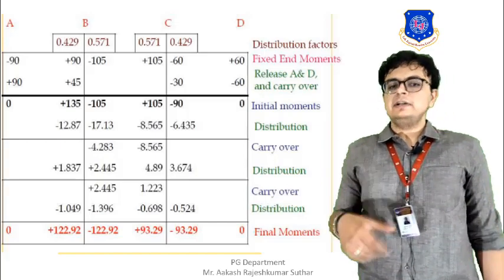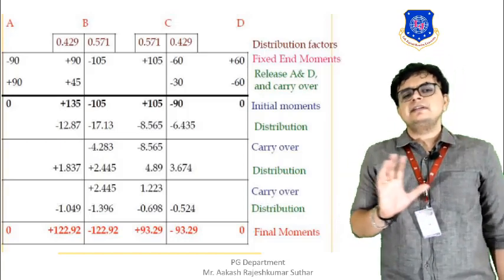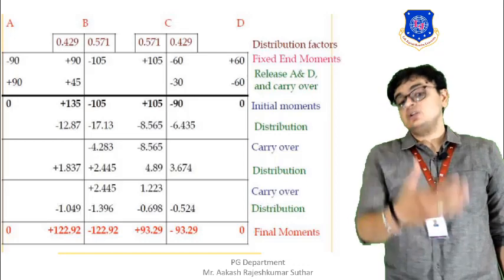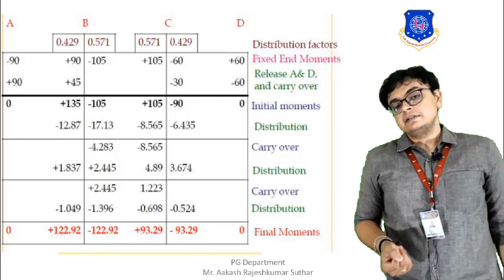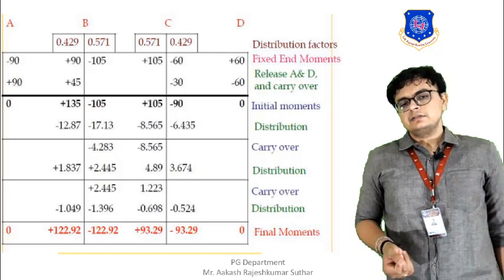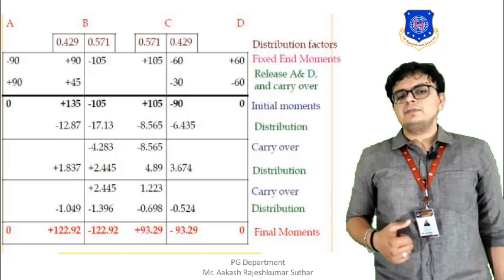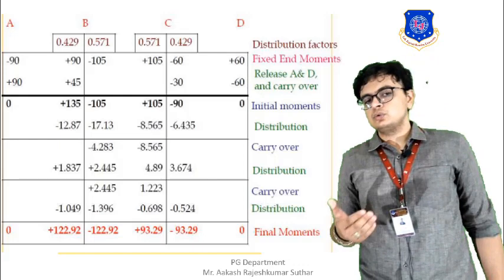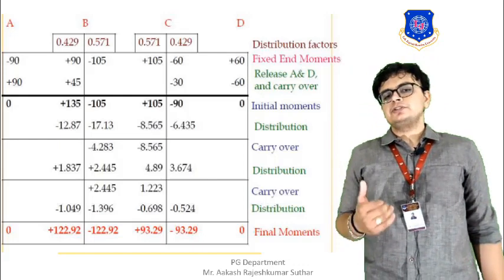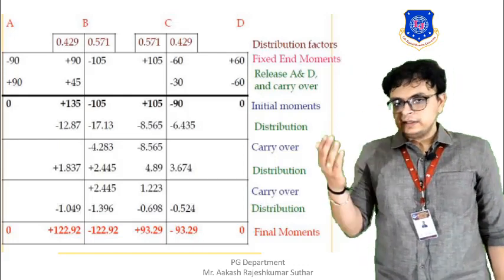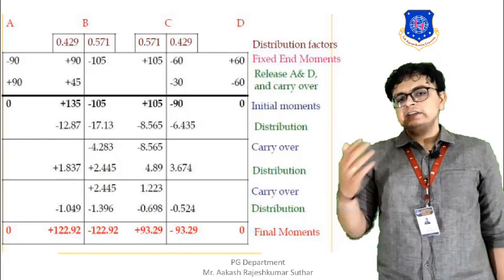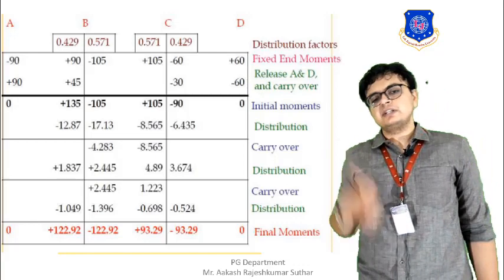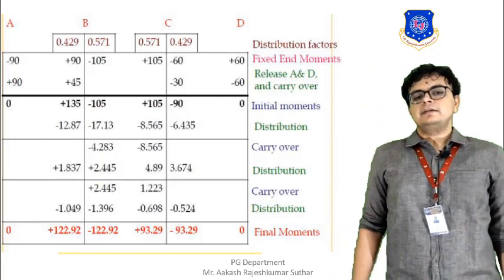Actually there is also a hinge joint, so that is not a fixed end, and there will not be any moment there. So minus 90 from A will be transferred to BA, that is positive, and the fixed end moment at D will be transferred to CD, and that is minus 30. You can see the figure beside.